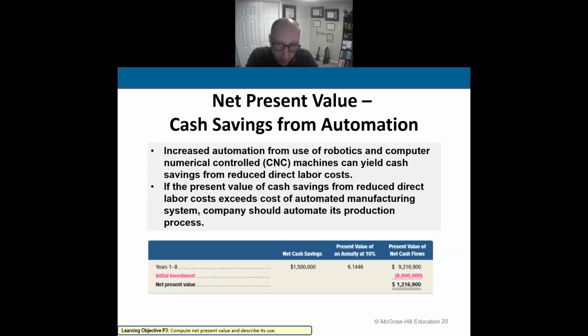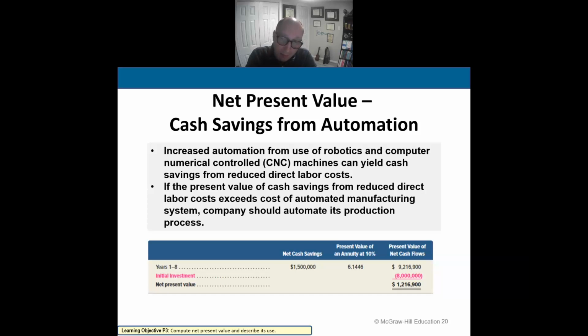So here's an example. Our company wanted to purchase a piece of machinery that costs $8 million. Its design is to automate and reduce labor costs. And so we can calculate net present value based off of the net cash savings that we have in our bank account. If I save that for 8 years, and the annuity rate is 10%, I look at the present value factor being 6.14 at 10% using a table.